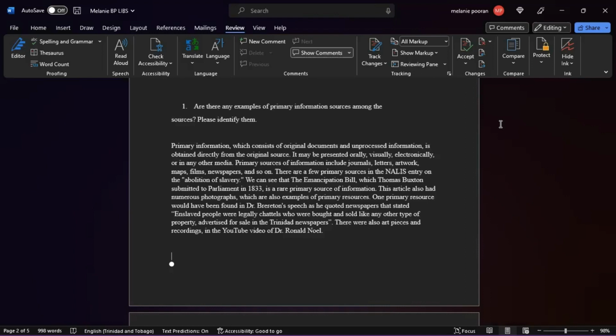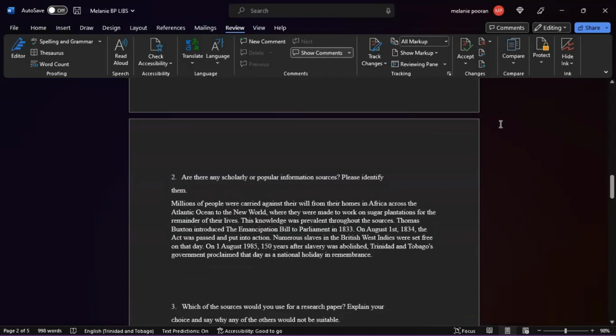One primary resource was also found in Dr. Brereton's speech, as he quoted newspapers that stated enslaved people were legally chattels who were bought and sold like any other type of property, advertised for sale in the Trinidad newspapers. There were also art pieces and recordings in the YouTube video of Dr. Ronald Noel.